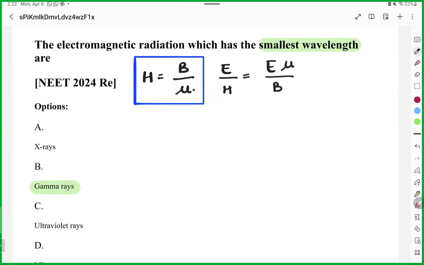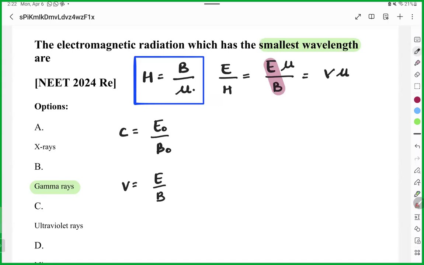Okay. We know C is equal to E naught by B naught. Same way, speed will be equal to E by B. So, Nirjala, instead of E by B, can we write V nu?